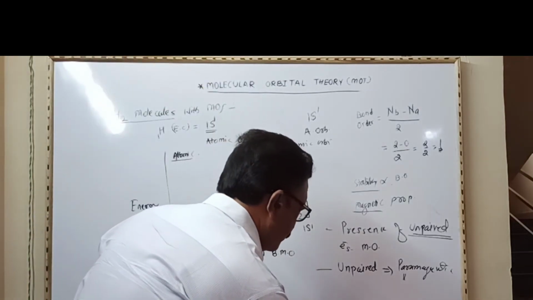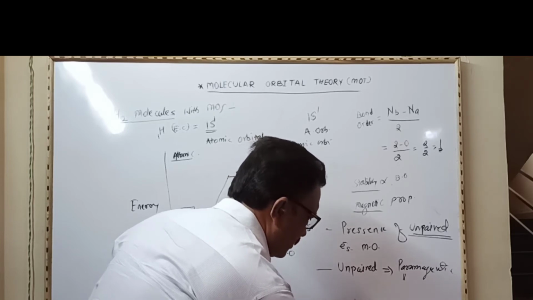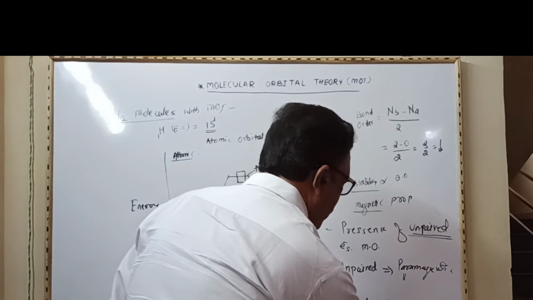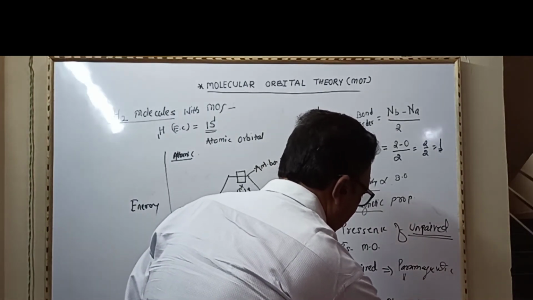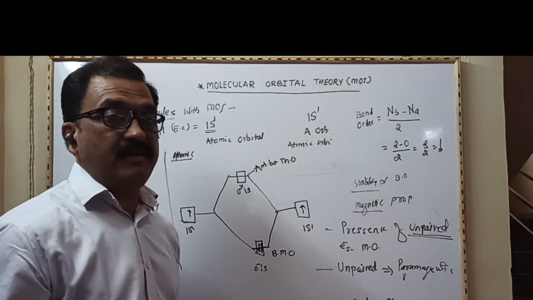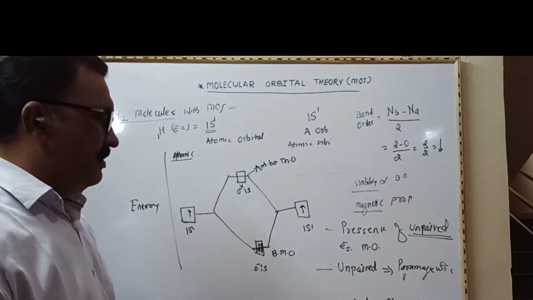When there are no unpaired electrons, such molecules are diamagnetic in nature. Diamagnetic means they will repel in an applied magnetic field.